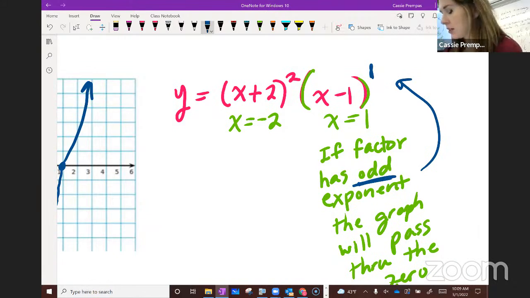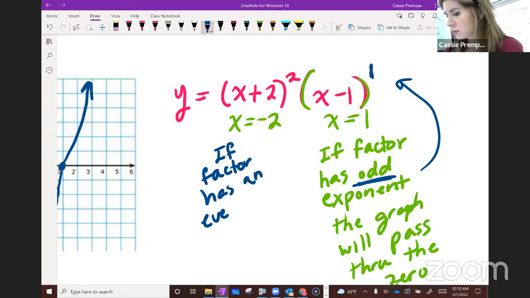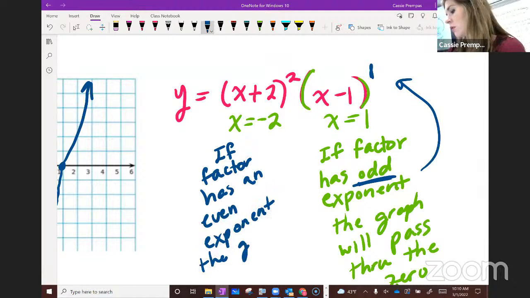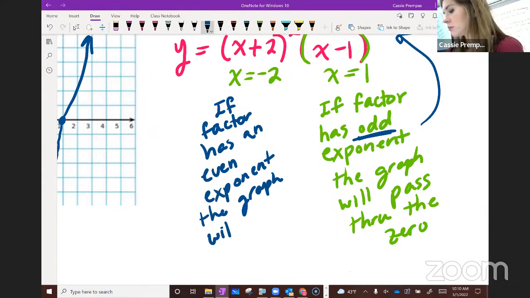Versus on the opposite spectrum, if the factor has an even exponent, the graph will bounce off the 0.